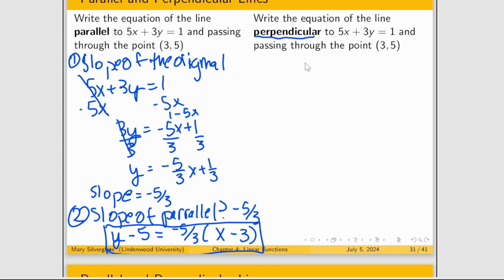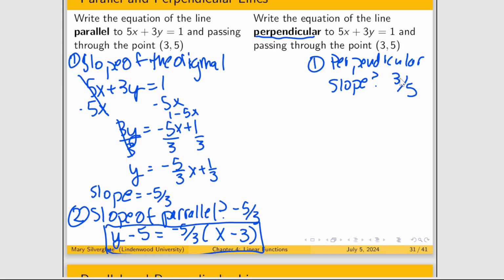What if we want a perpendicular line instead? So first of all, I would normally have to resolve for y if this was a different equation. This is the same equation, so I can just jump to it. What's going to be the perpendicular slope in this case? That's going to be positive 3/5 because we flip the sign and we flip the fraction.